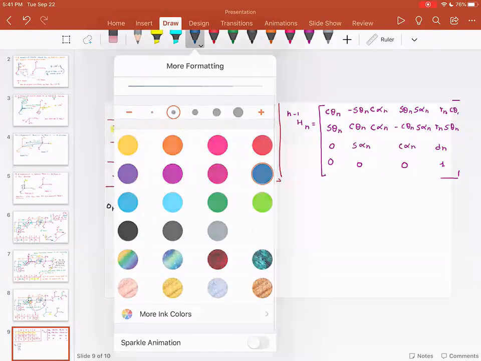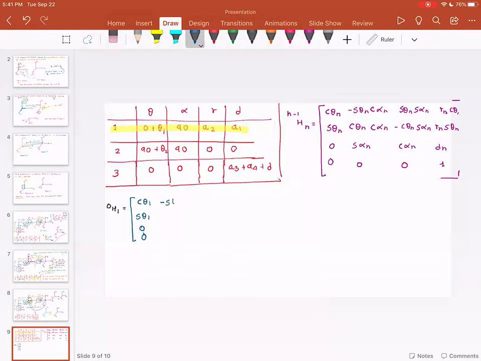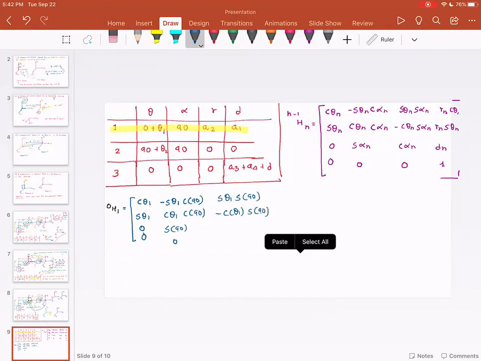minus sine theta 1, cosine alpha 1, which is 90, cosine theta 1, cosine of alpha 1, which is 90, sine of alpha 1, 0, sine of theta 1, sine of alpha 1, minus cosine of theta 1, sine of alpha 1, cosine of alpha 1, 0.